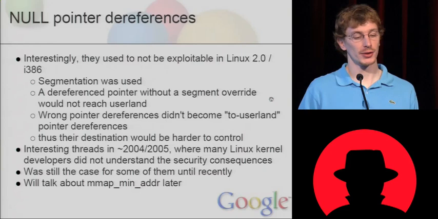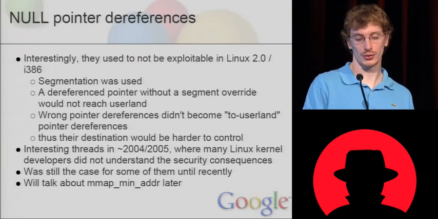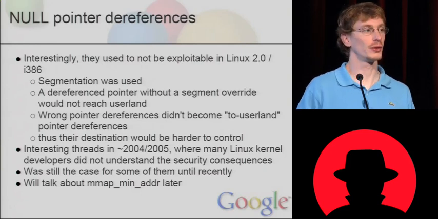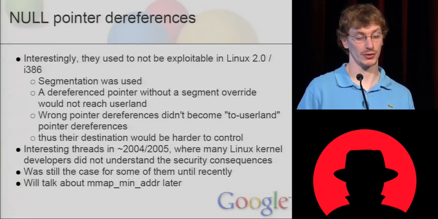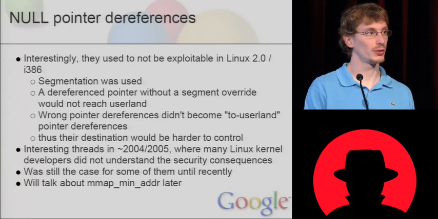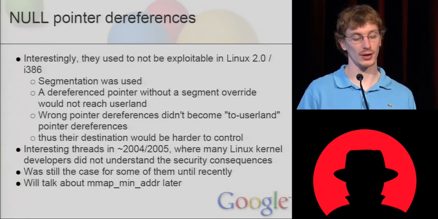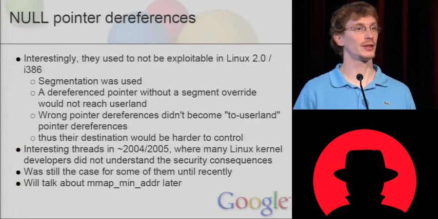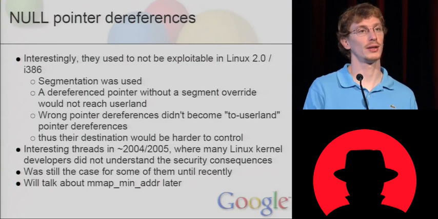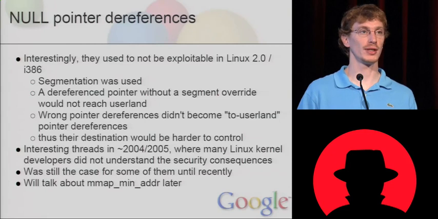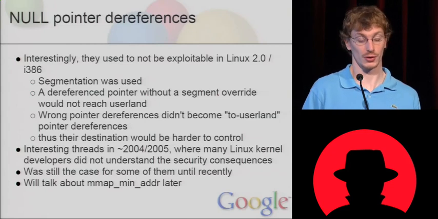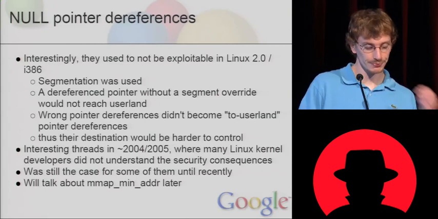And very interestingly, they used to not be exploitable. If you were familiar with Linux 2.0 and the versions before that, segmentation was actually used, and the kernel had its code base and its data segment base both above page offset, so basically above all userland data and code.